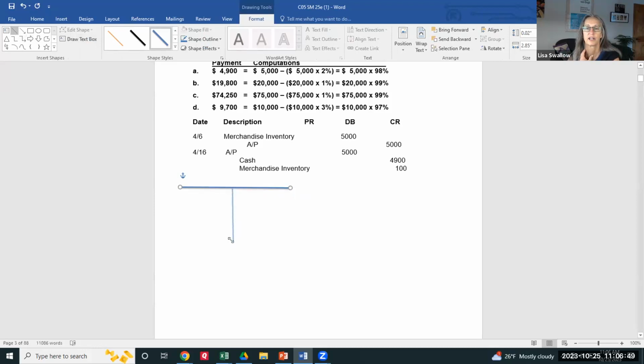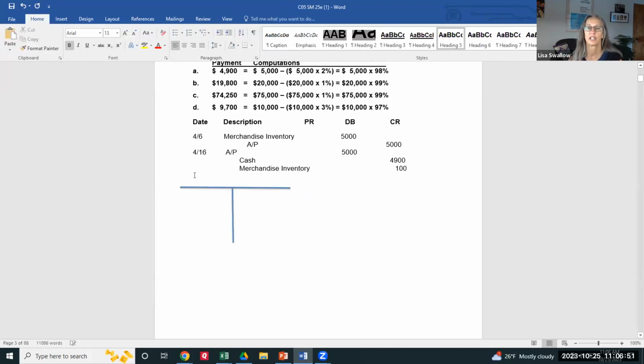So here's my T account. I'm going to label it merchandise inventory. I want you all to say to yourselves, what kind of account is it? Current asset. Therefore, it shows up where? Balance sheet. And my debit in the account is for the 5,000 bucks, right?